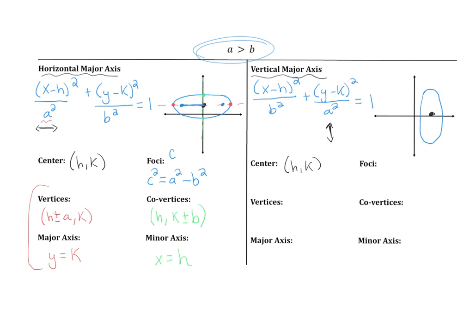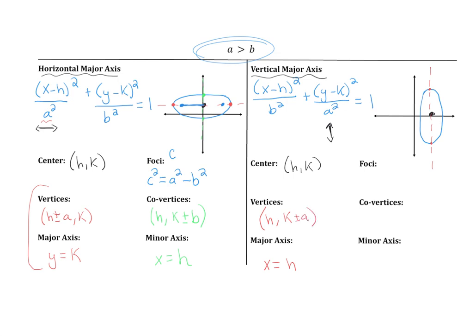All right, so similar over here, except this time the vertices will be top and bottom, and the major axis will be that vertical line. So the major axis is now x equals h, and then those vertices are now (h, k plus and minus a).